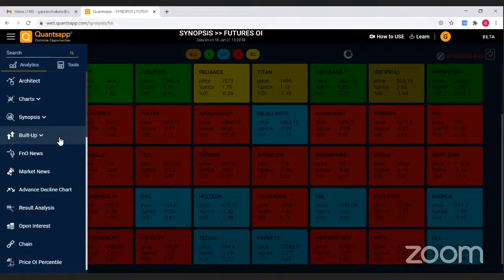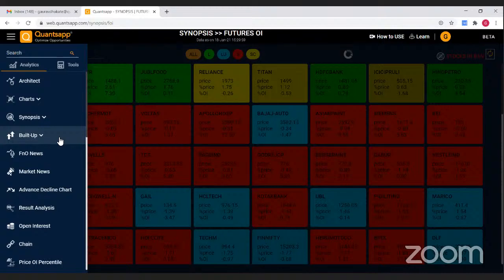Now we have 48 tools, out of which 30 tools are in the free count, and 17 tools are in the premium, and the one tool that comes into the premium algorithm is the Quantsapp option optimizer.